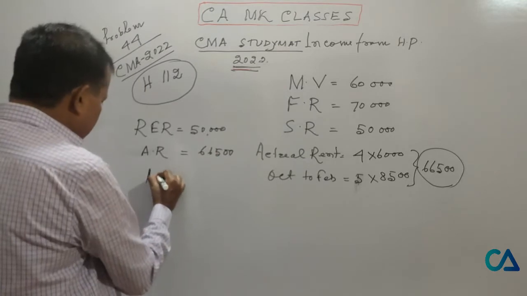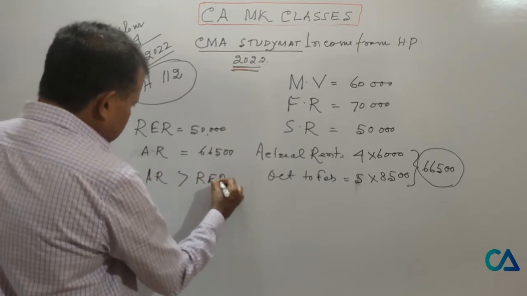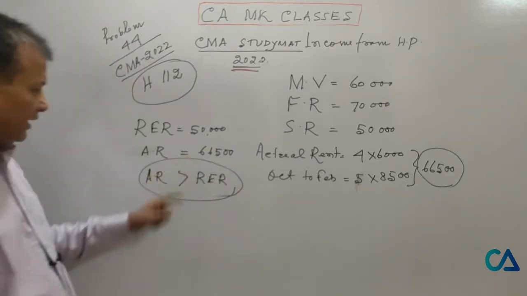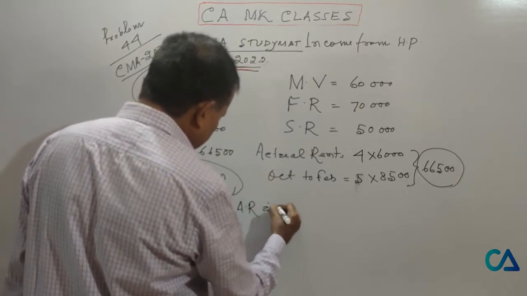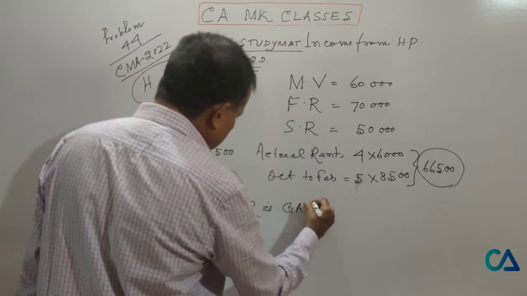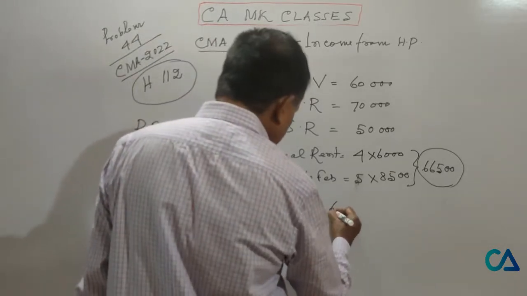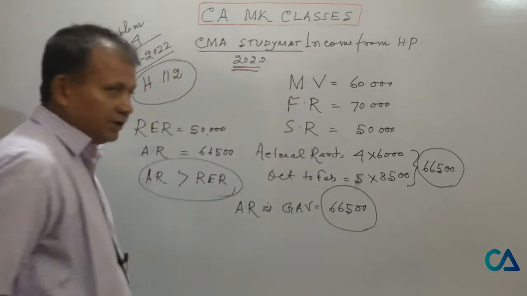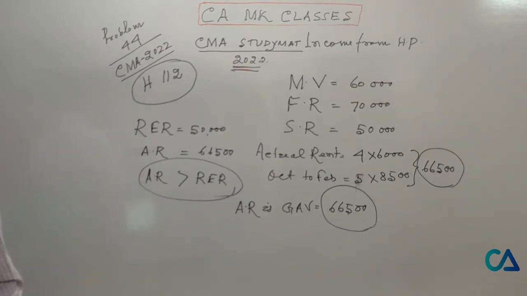So here actual rent is greater than RER. Since actual rent is greater than RER, actual rent is the annual value. So actual rent is the gross annual value of property number 112. This is 66,500.